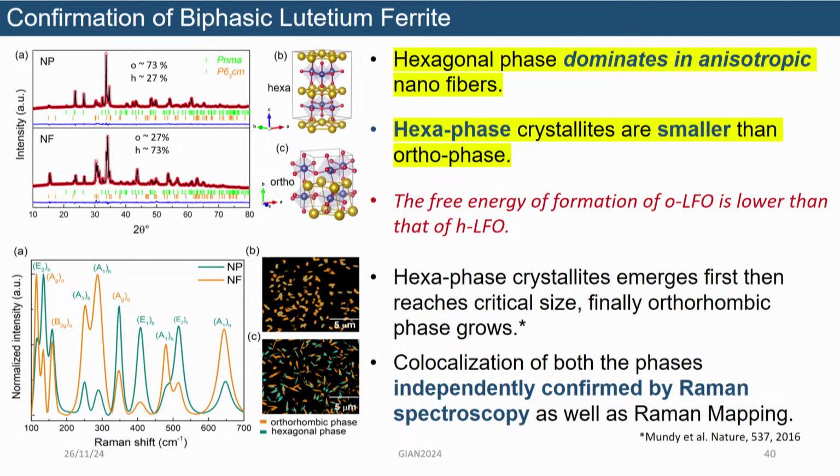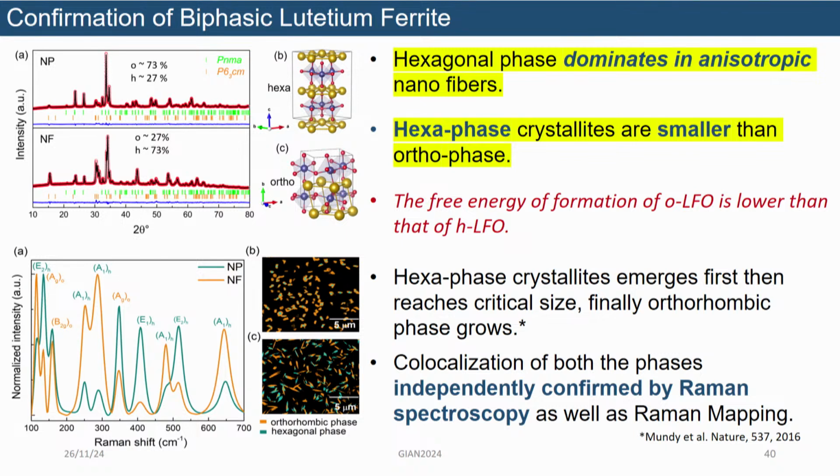So we tried to understand, and we concluded that the strain associated with the synthesis of nanofibers is contributing, and that is why it is favoring the hexagonal phase in the nanofibers. So hexagonal is dominant in nanofibers.